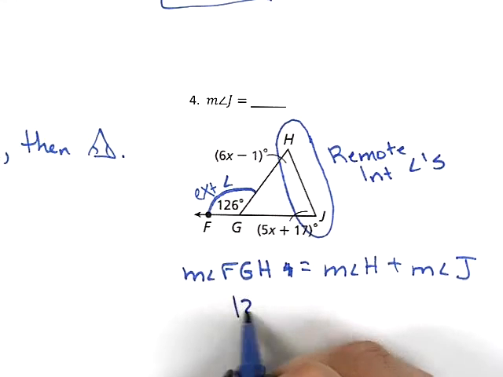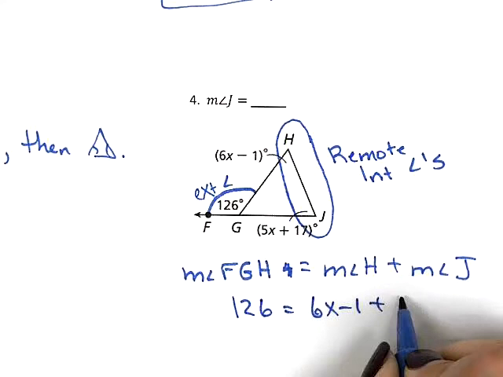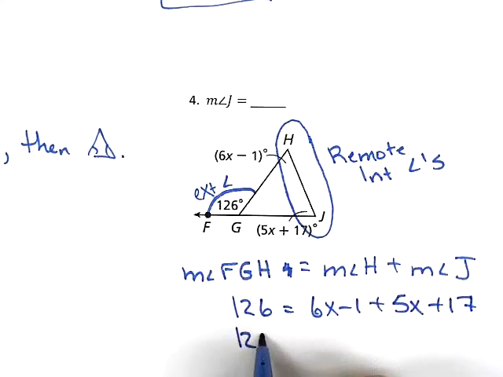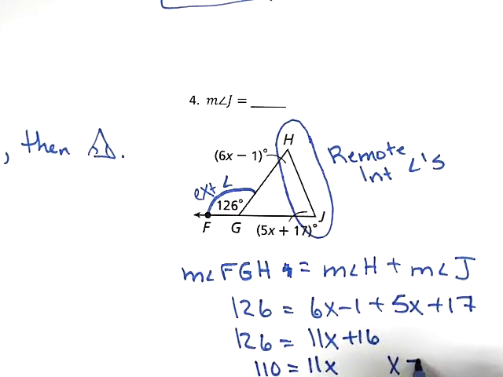So 126 equals 6x minus 1 plus 5x plus 17. And we can start to simplify. We get 11x plus 16. If we subtract 16, we get 110 equals 11x. And divide by 11, we get that x is equal to 10.